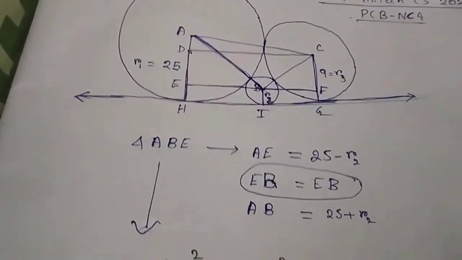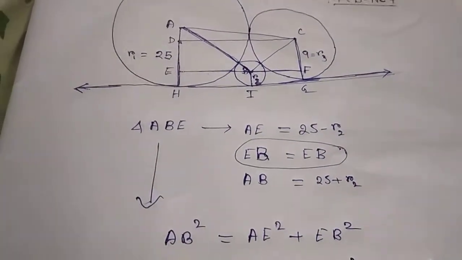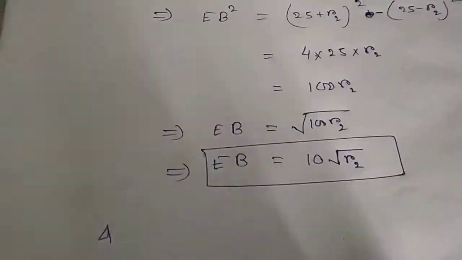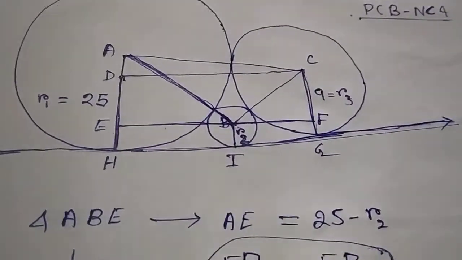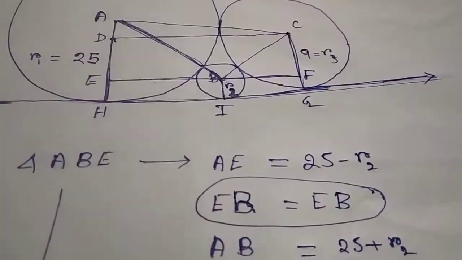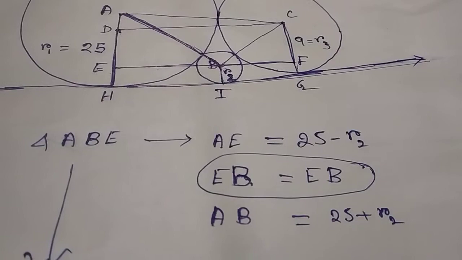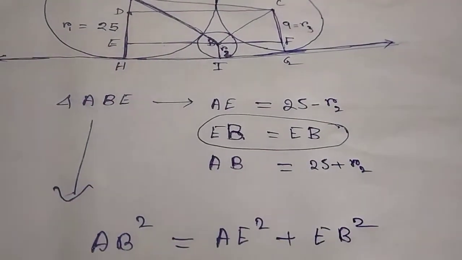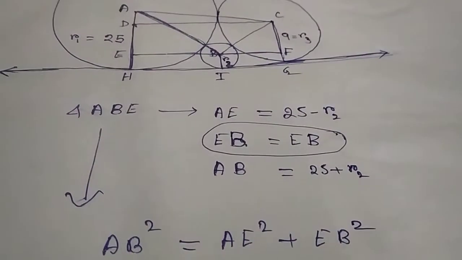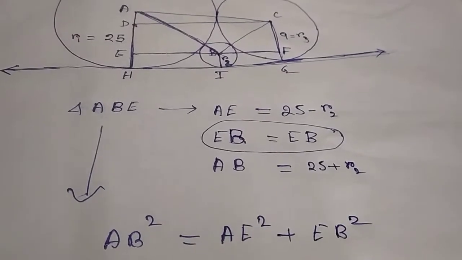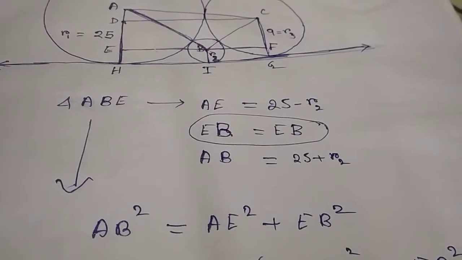Okay, so let's try to find now BF from the CBF triangle. So from the CBF triangle, what we have: CB equals 9 plus R2, and then BF is unknown, and then CF equals 9 minus R2.